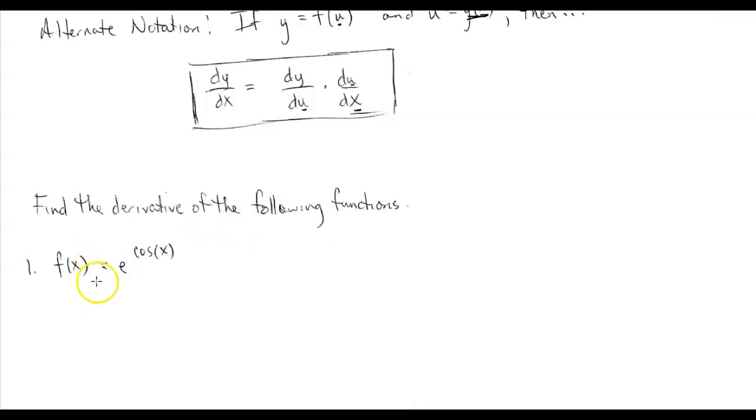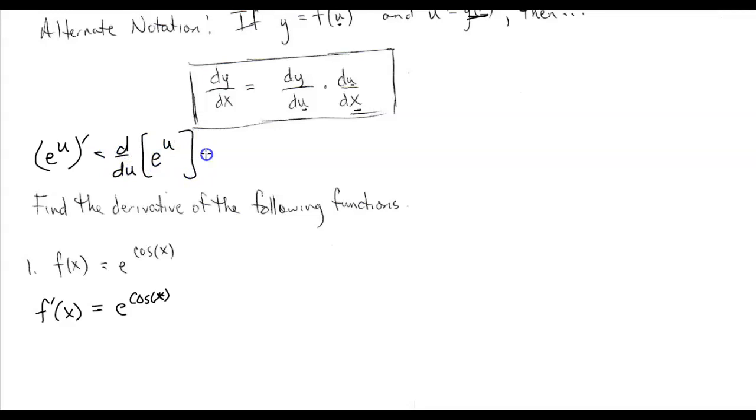All right, so for this first example here, if I was to take the derivative of it, I want to take the derivative of the outside function, and right now the outside function looks like e raised to the blah. So the derivative of e raised to the blah is just e raised to the blah, okay? If you remember, let's say the derivative of e raised to the u with respect to u, I'll write it like this. Of course, we know that's just e raised to the u, and u is my blah.